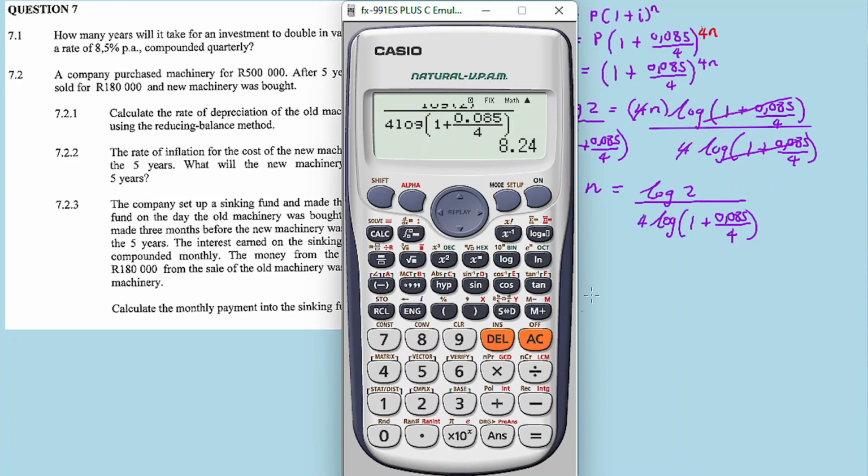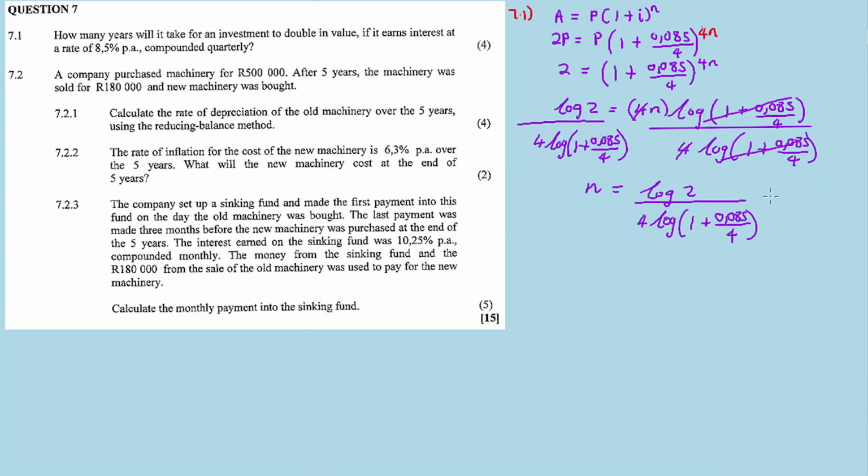This is equal to 8.24. Yes, so this is our answer for 7.1.